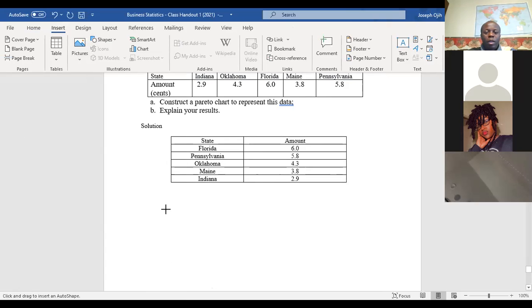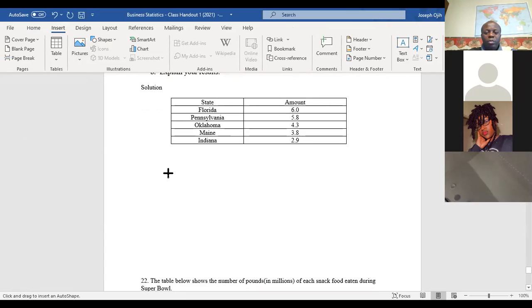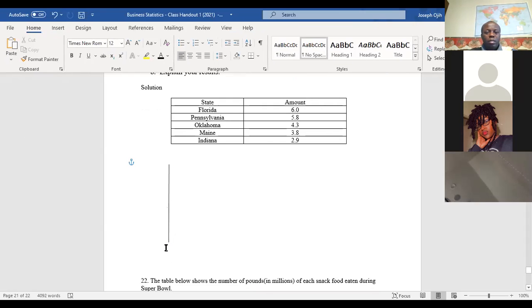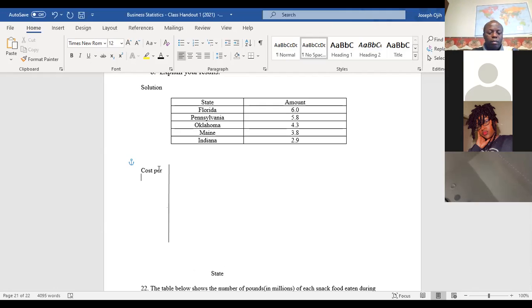Of course from your algebra class, you know that you have your x-axis and y-axis. The state will be on the x-axis, and here you can have your cost per mile.